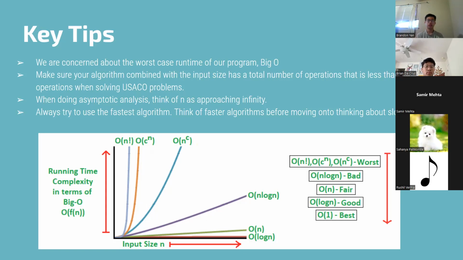And then finally, this might be intuitive, but you're always trying to use the fastest algorithm. So before thinking about using an n factorial algorithm, you want to think about what constant time approaches I can use to solve this. Can I use certain data structures, like an array to access a certain index, or can I use a map to find keys in constant time?